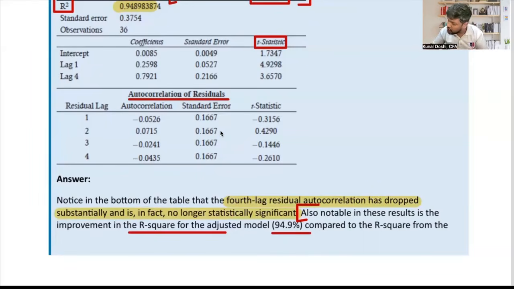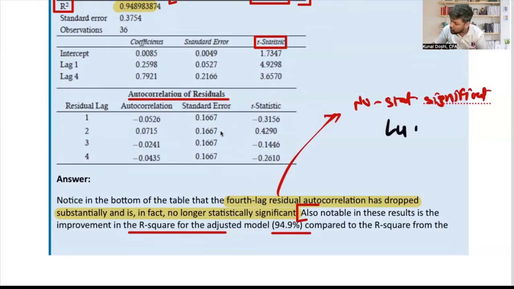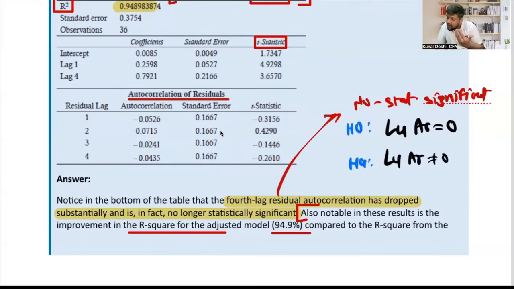When they say not statistically significant, it means the autocorrelation at that lag is perhaps zero. The autocorrelation not equal to zero was the alternate. So the null, when I say insignificant, I conclude that the autocorrelation does not exist, right? So we say it has dropped and it's no longer significant, meaning we fail to reject the null.